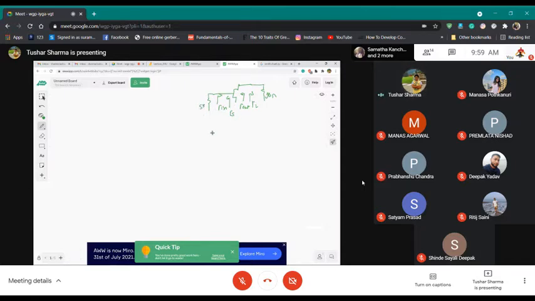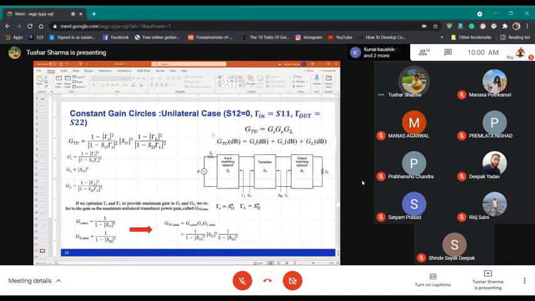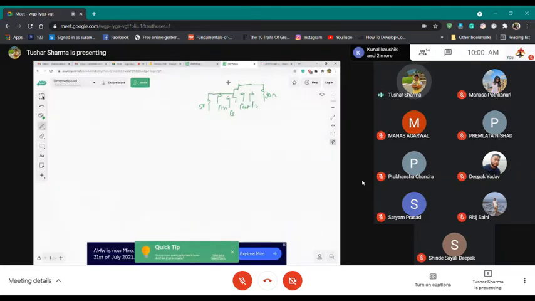So the overall gain in an amplifier. Okay, let's consider that S12 is 0. S12 0 means your device is unilateral, which means there is no coupling from the input to the output, which means your effect from port 1 to port 2, at least moving in this direction, from going from input to output, is not there.